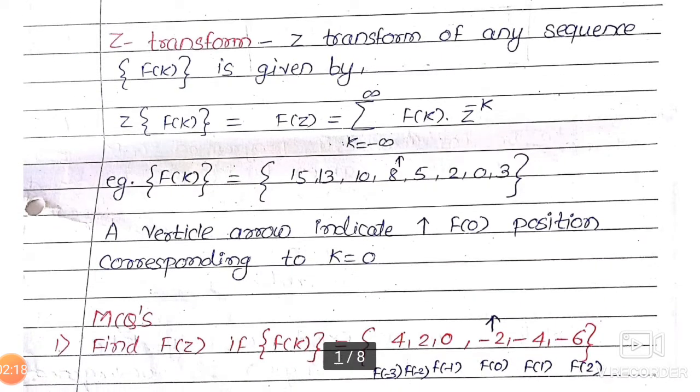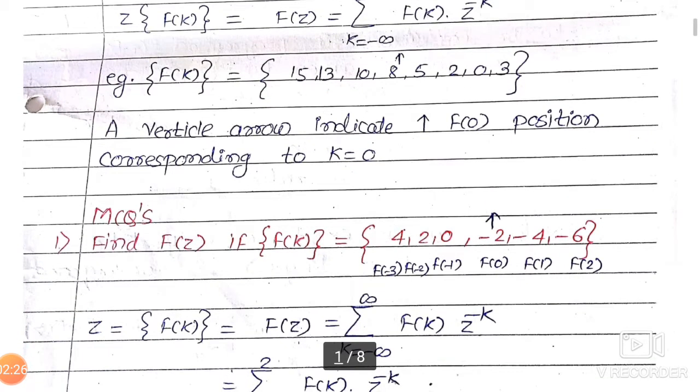So Z transform of any sequence is Z of f of k equal to F of z. See the first example. f of k is given, and we want to find the Z transform of this sequence. The sequence is 4, 2, 0, minus 2, minus 4, minus 6, and the vertical arrow is also given.